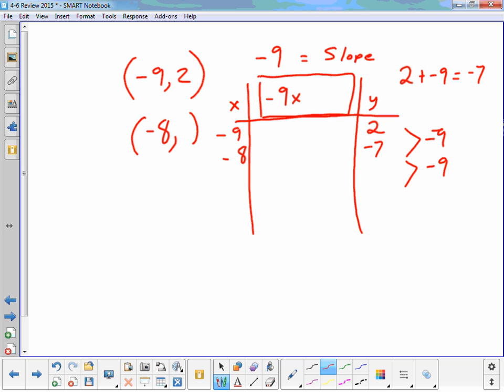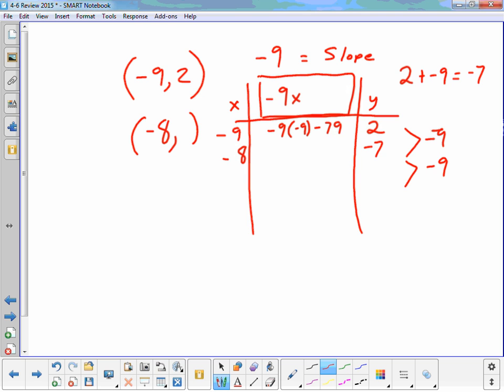So when I plug in my value of -9 here, I get -9 times a -9, which is +81. What do I have to do to get to 2? Well, I know that getting 81 down to 2, I have to subtract 79.